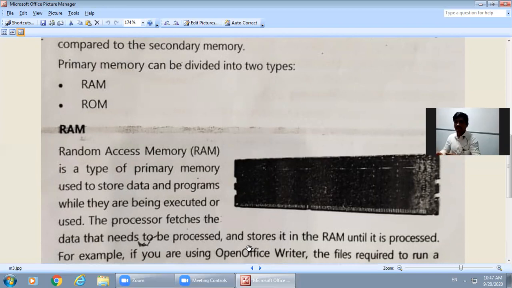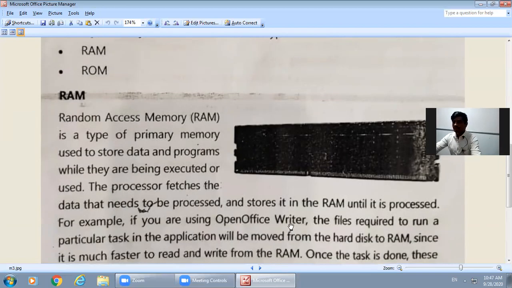For example, if you are using OpenOffice Writer, the file required to run a particular task in the application will be moved from the hard disk to RAM. Means we are using OpenOffice Calc, that time if you want to do something like functions, that will be stored in RAM until you save it in our hard disk, since it is much faster to read or write from the RAM.